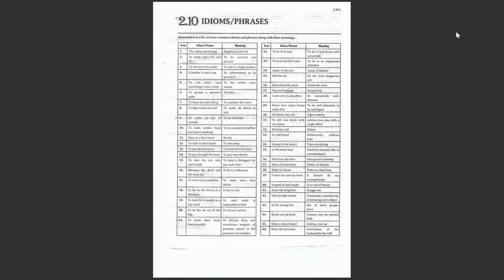Baffle का मतलब होता है confuse हो जाना, puzzle हो जाना. That is what it means. So to make neither head nor tail of anything means to not be able to understand, to be very confused because something is puzzling. बहुत ही confusion की situation है, so I'm not able to make neither head nor tail of the situation.